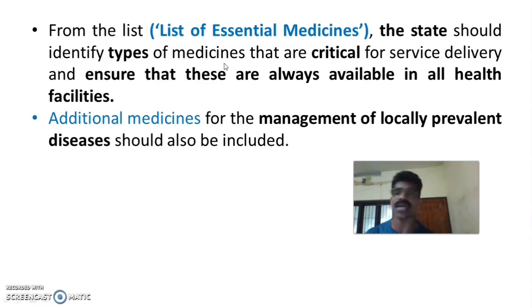So each state has to identify the different types of medicines critical for their service delivery, and they have to ensure that those medicines are available free of cost in their healthcare facilities or health centers. Then additional medicines for the management of any locally prevalent or locally endemic diseases must also be there in the PHC, based on the local endemic diseases in their jurisdiction or the particular area.